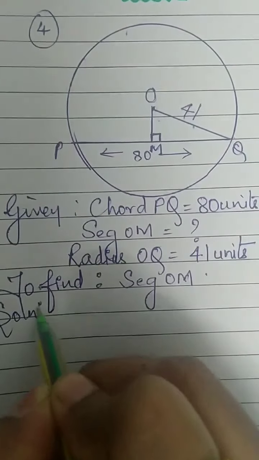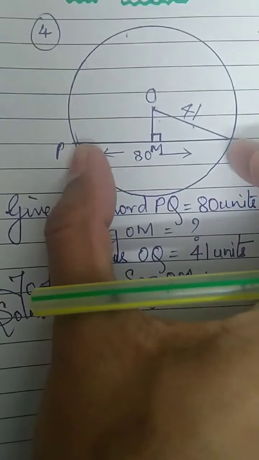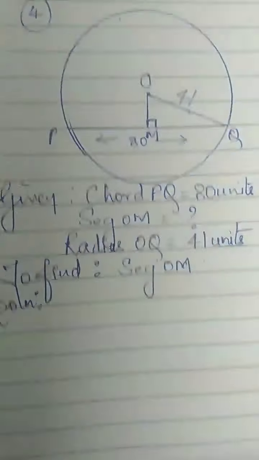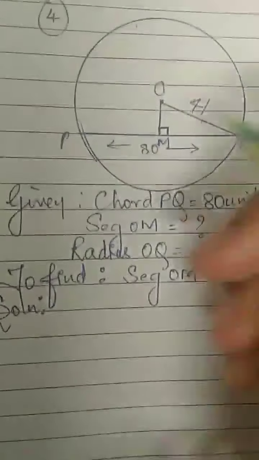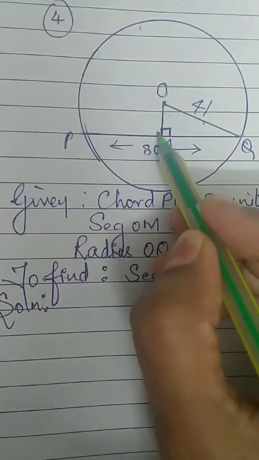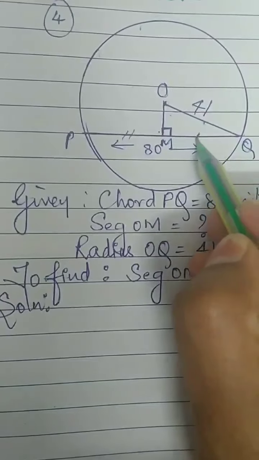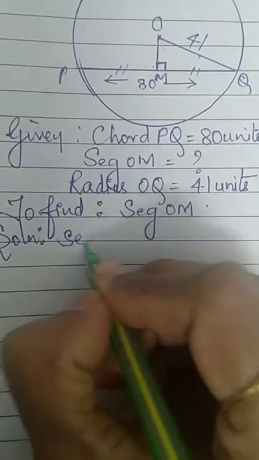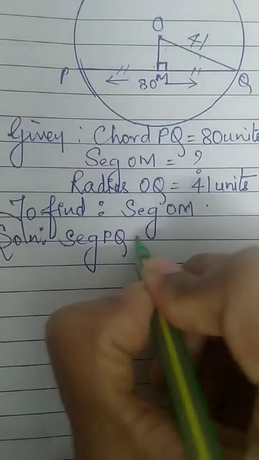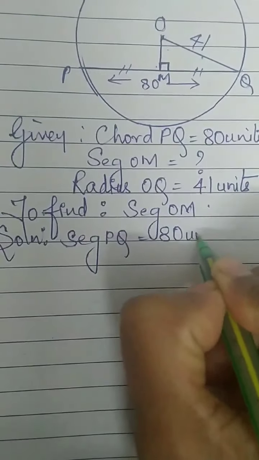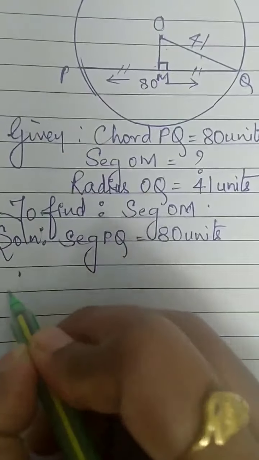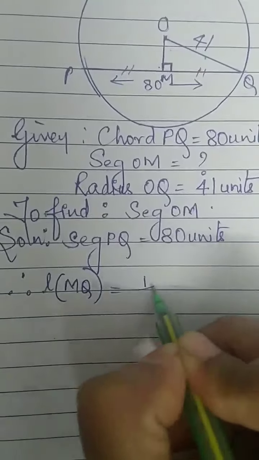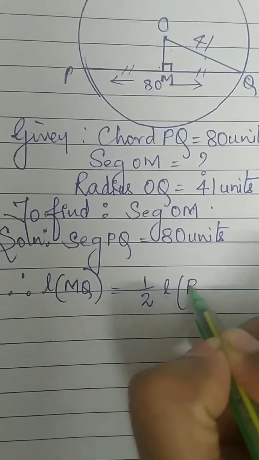Solution, very simple. The whole chord is 80. So half of the chord, that is MQ, will be half of 80 because perpendicular from the center to the chord bisects the chord. This we know. So let us write chord PQ is equal to 80 units. Therefore, length of MQ is equal to half of length of PQ.